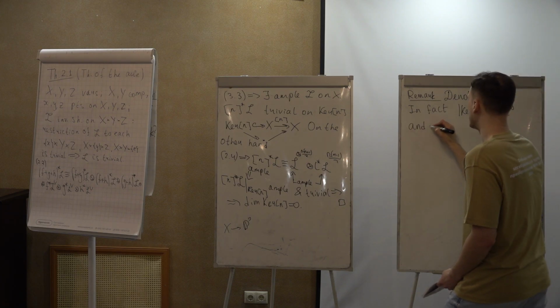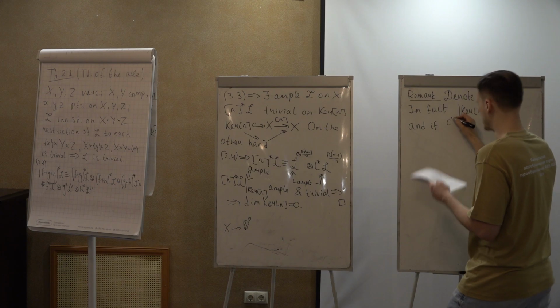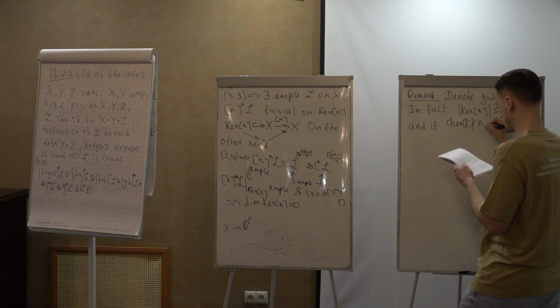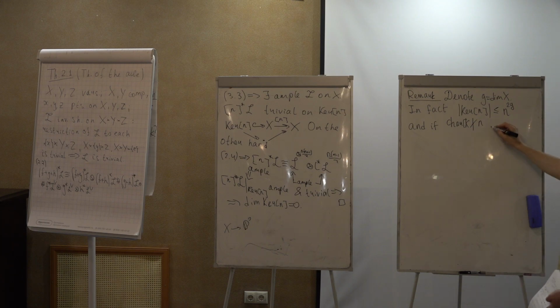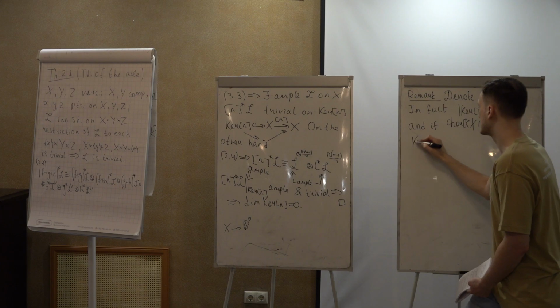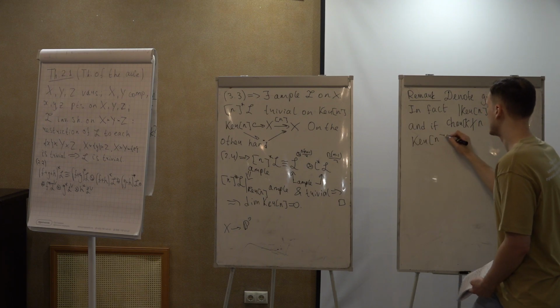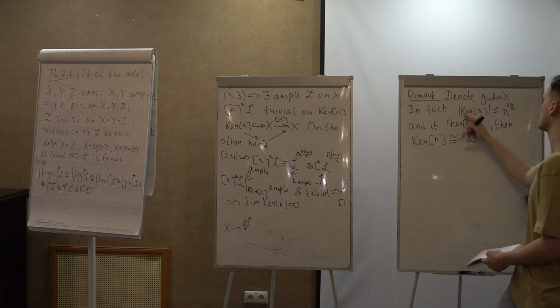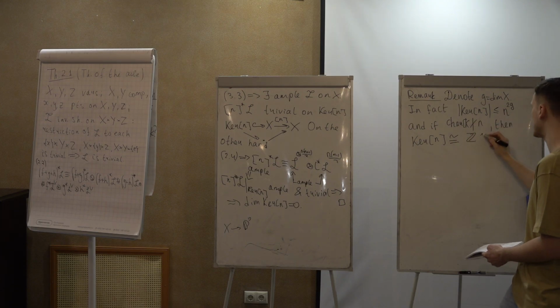And moreover, if characteristic of our field does not divide n, then it can be shown that this kernel is the group. So there's equality in this case, and this kernel is just the group (Z/nZ) to the power of 2g.